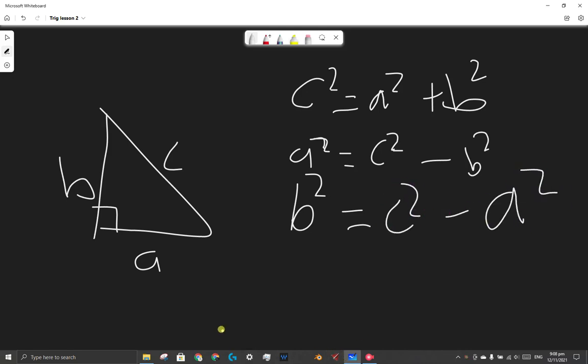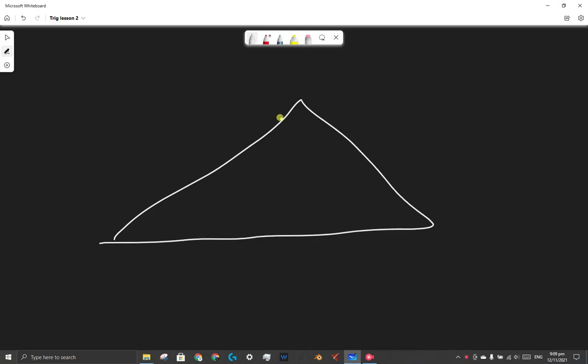Okay, so you can get these notes down in your book, and then we'll move on to some basic Pythagoras questions. The first question I'd like you to solve is this one here. We have a little right angle triangle, and I'd like you to calculate this length here, and let's give this 40 centimeters and 9 centimeters.